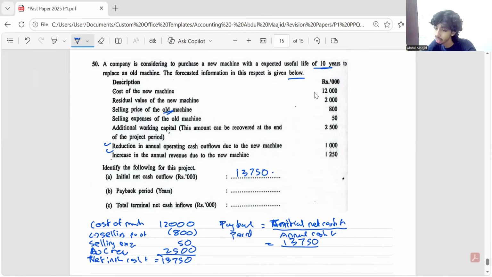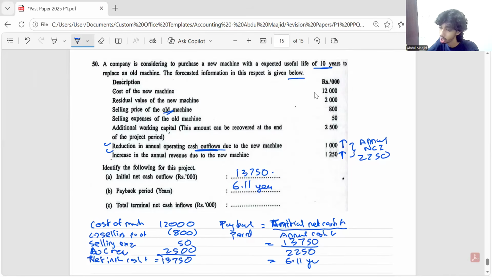See here, reduction in annual operating outflow. If an outflow is decreasing, you will consider it as an inflow. An increase in annual revenue due to the new machine, that is also inflow. Then annual net cash inflow will be 2,250. So payback period will be 13,750 divided by 2,250, 6.11 years.